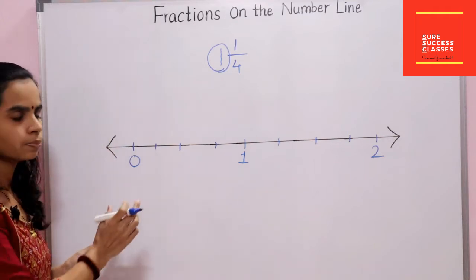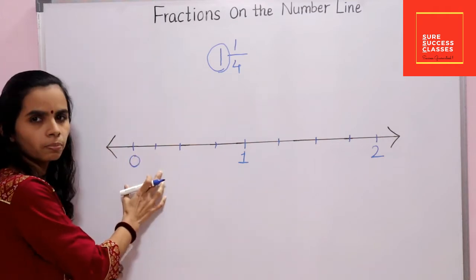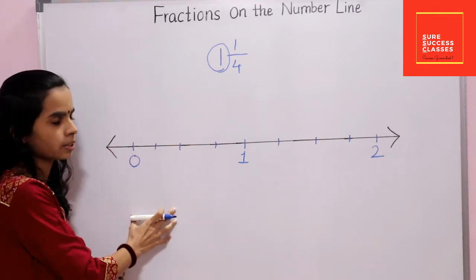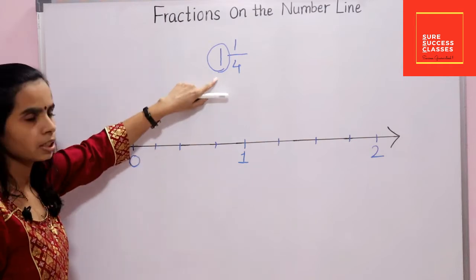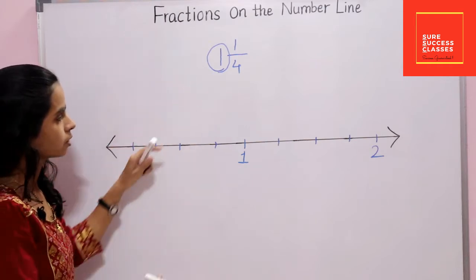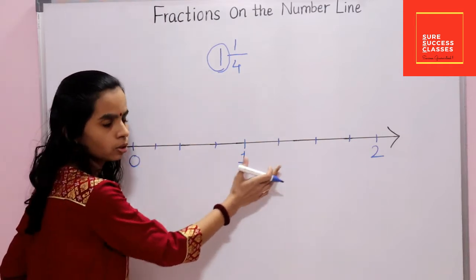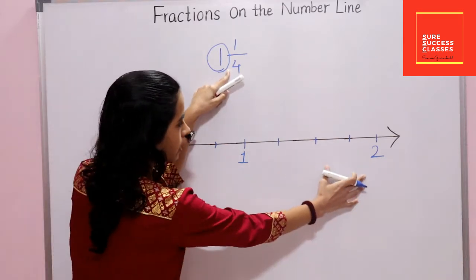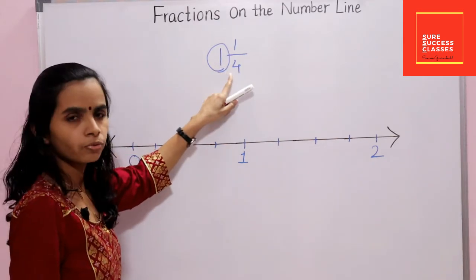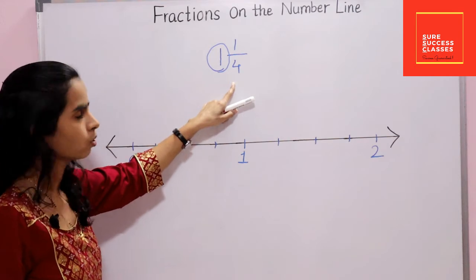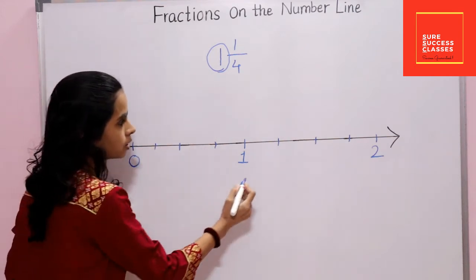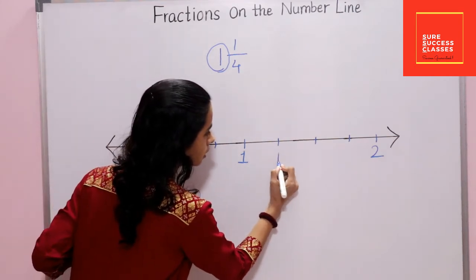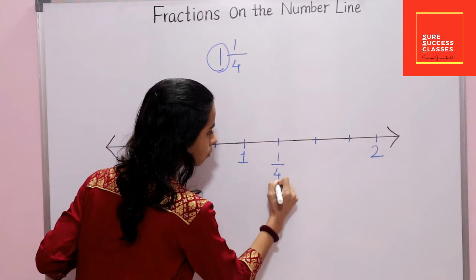Each part represents one part out of 4 equal parts. In the fraction there is one whole part, so we will go ahead to this one, and in the next segment we have to find the 1/4 part of this fraction. This point represents the fraction 1/4.